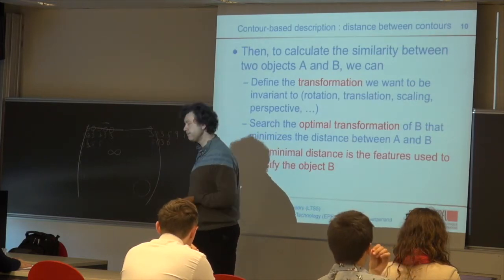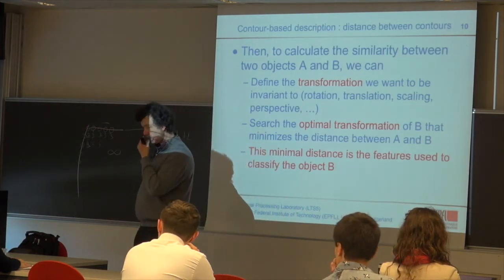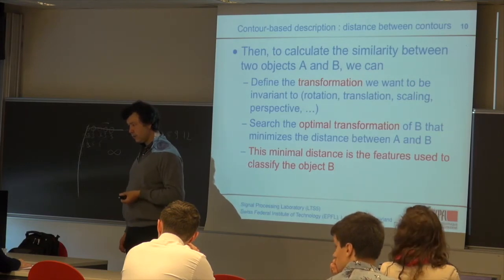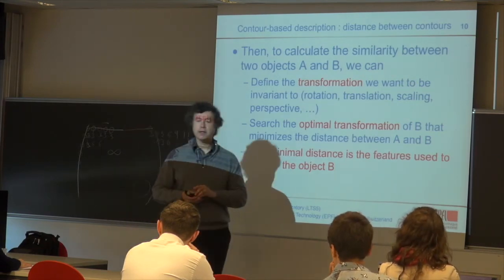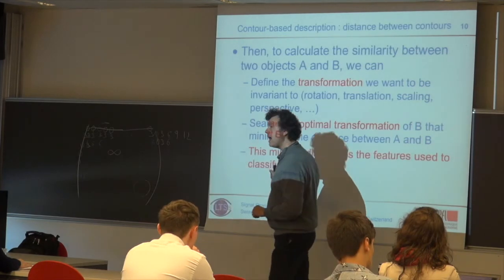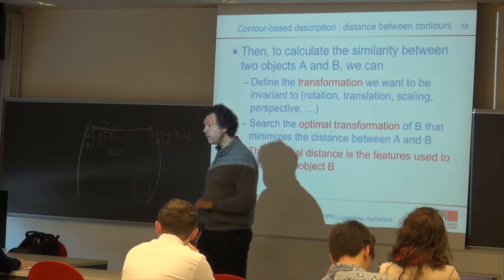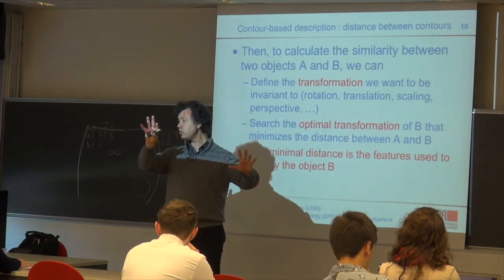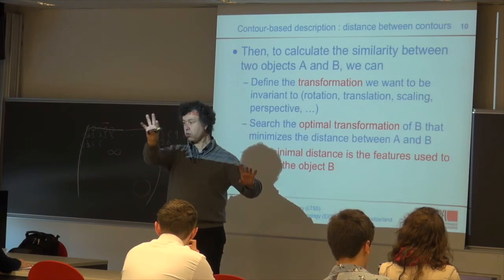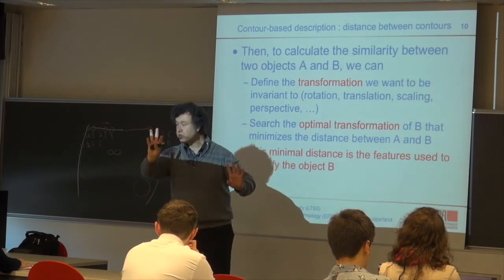But how can we find the optimal transformation among infinite transformations? The optimal transformation is the one that minimizes the distance. Yeah, but I mean computationally it's... It's a minimization problem. Then you have your distance map, you have your object, so you calculate the distance of your object, and you do, for instance, a gradient descent.